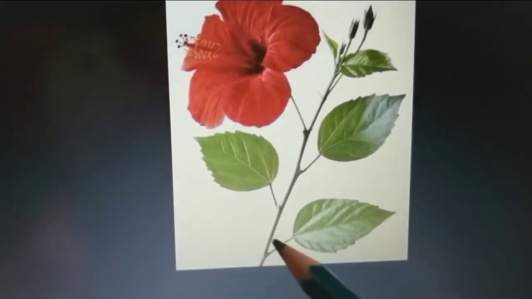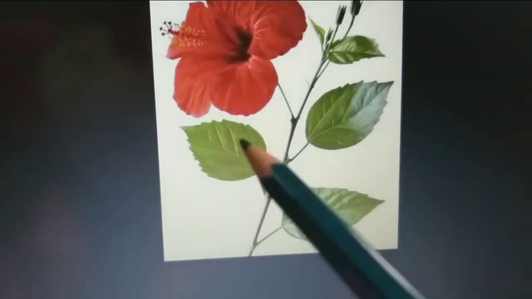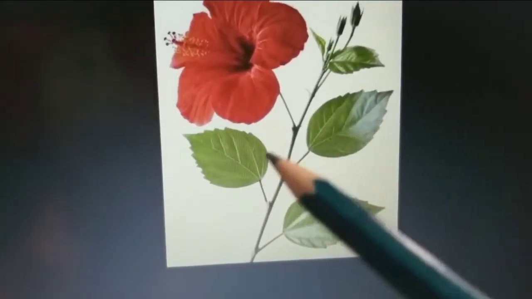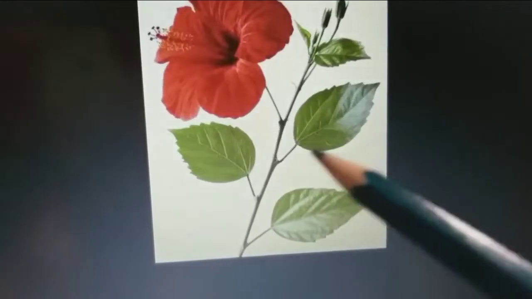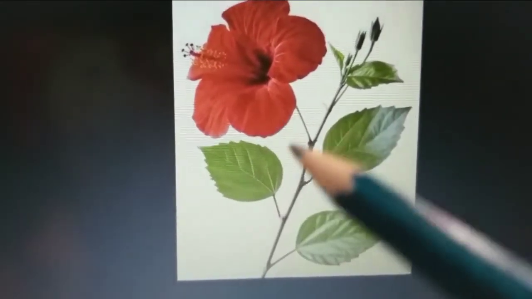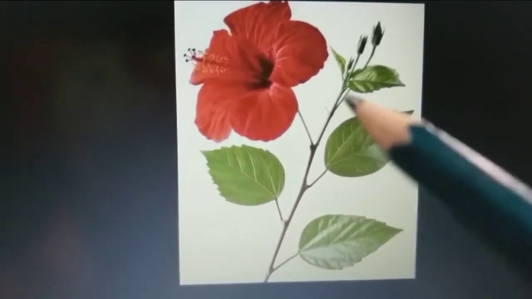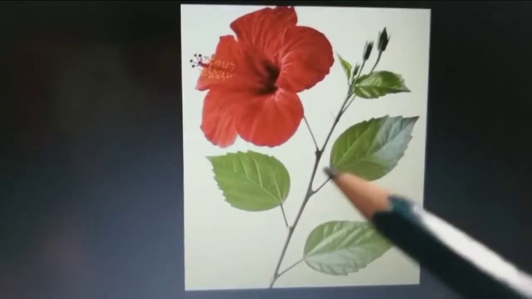So each leaf develops from each node and is arranged in a spiral manner on the stem. As an example, the leaves of Hibiscus rosa-sinensis are an example of alternate phyllotaxy.